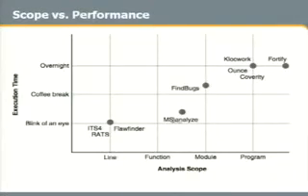Next, I want to talk about scope versus performance. I talked about doing taint propagation. Taint propagation and related techniques generally take more time and act better if you give them more of the program to look at. So along the bottom axis, I talk about analysis scope. Those early tools like RATS and ITS4 were really looking at one line at a time.